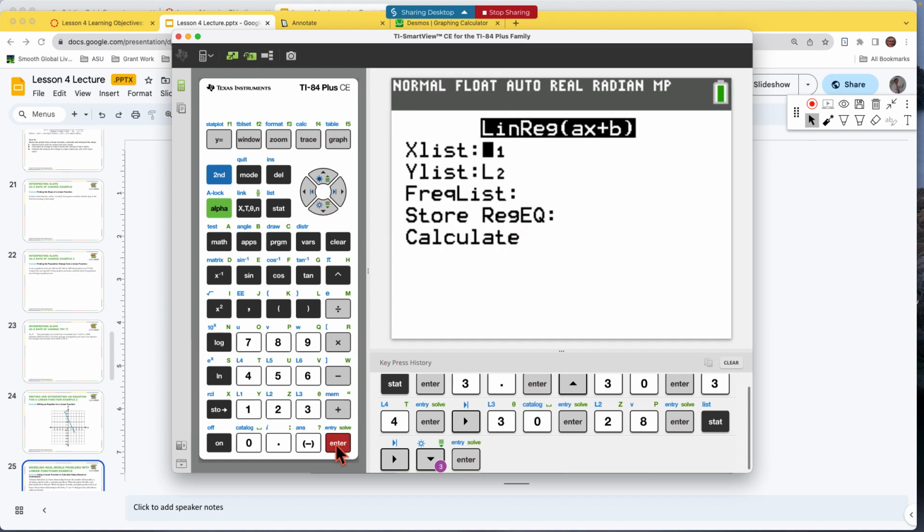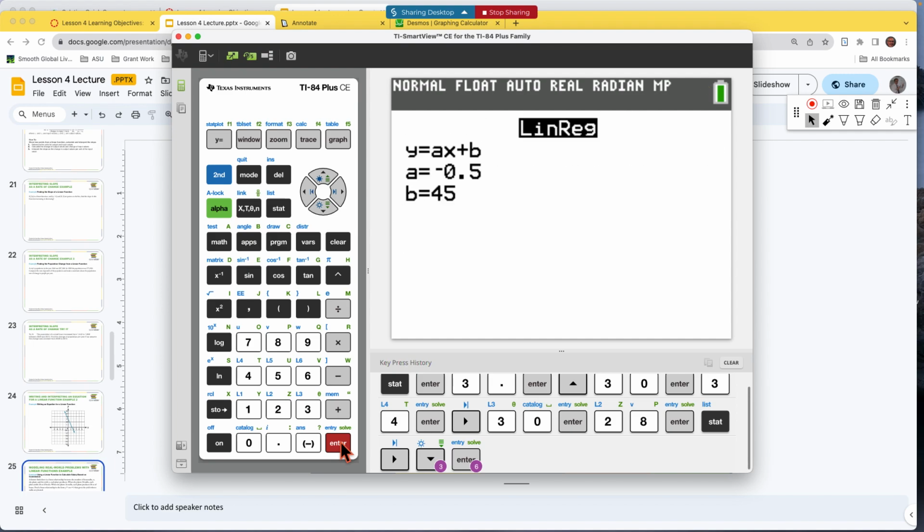We're going to hit enter. Notice it gives us the X list is L1, Y list is L2. We just hit enter to accept those. We don't have to do any of these, and then we get down to calculate, and it gives us the linear equation right there. So we did it. It's y equals negative 0.5, or negative 1/2 x plus 45.